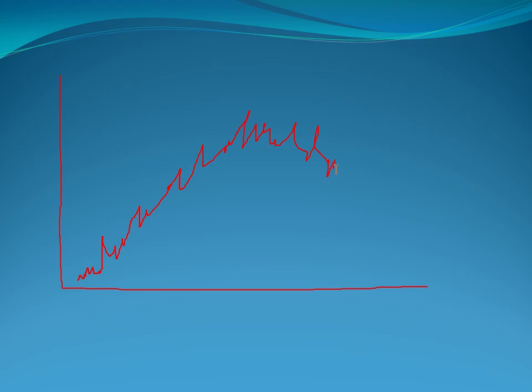So first thing we'll do is draw an axis. Then we'll draw a jaggy waveform. Now, if you want to compute the length of this waveform, there are a couple of ways you can do it.